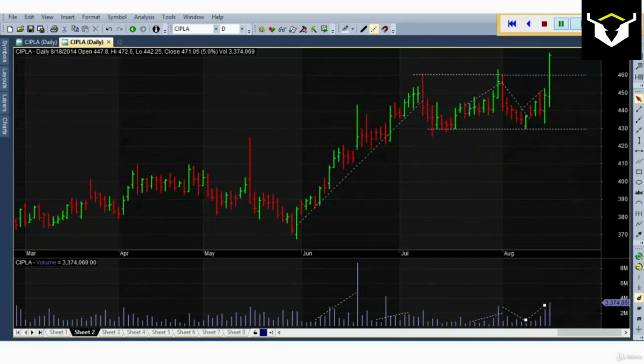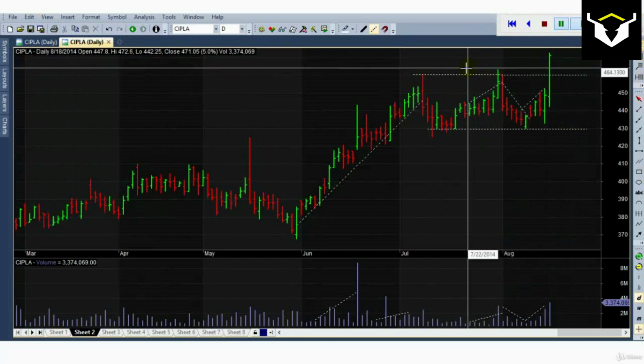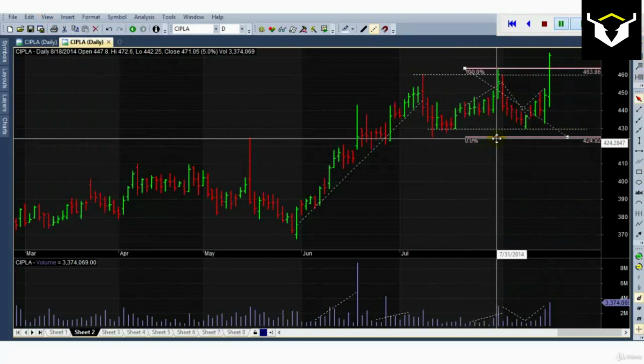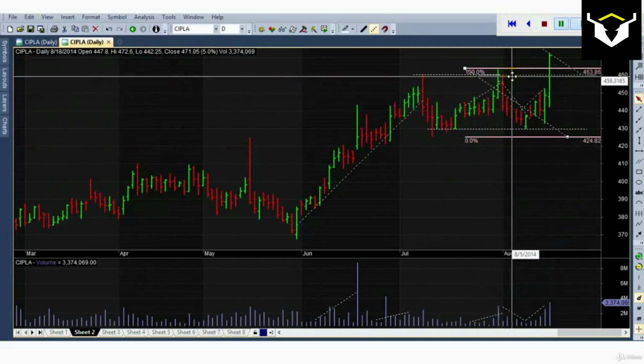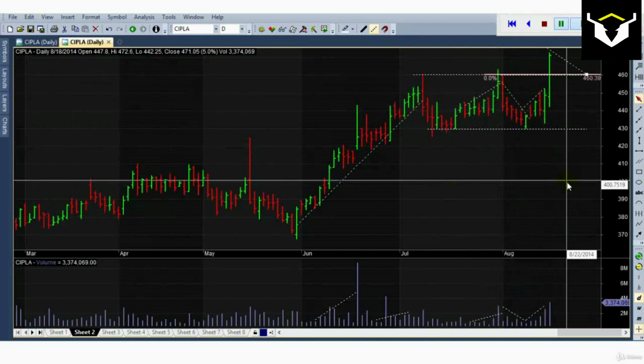Let's add some bars. As of the last bar, prices have broken above the rectangle formation. Let's go ahead and project the price target. I'll take the widest trading range of this rectangle, use the crosshair, and project it from the point of breakout here.